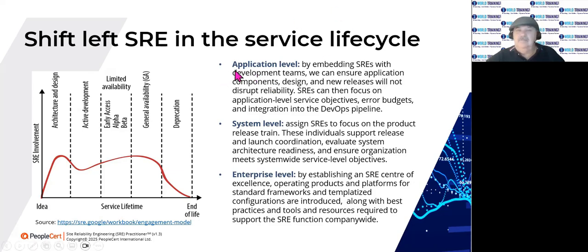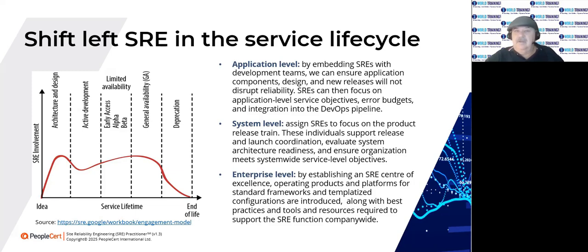These notes pretty much say the same thing, but I'll repeat them because it's important. This describes, to some extent, why SREs should be involved in architectural aspects. At the application level, having SREs embedded with development teams can ensure the application components, the design of the application, and new releases are built in a manner that will not disrupt reliability and hopefully will improve and support reliability.